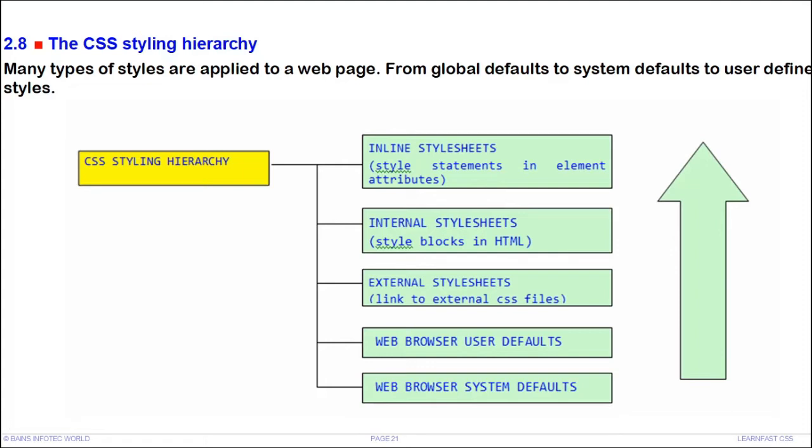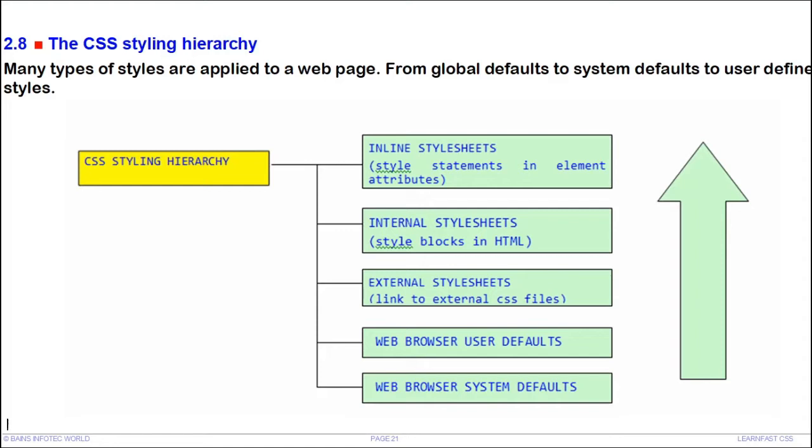So there are lots of styling definitions which are applied. The styling definitions form a hierarchy. At the bottom, when the browser processes an HTML file, it will have its own defaults, system defaults.